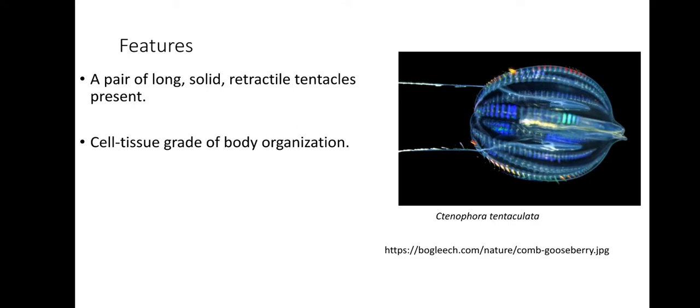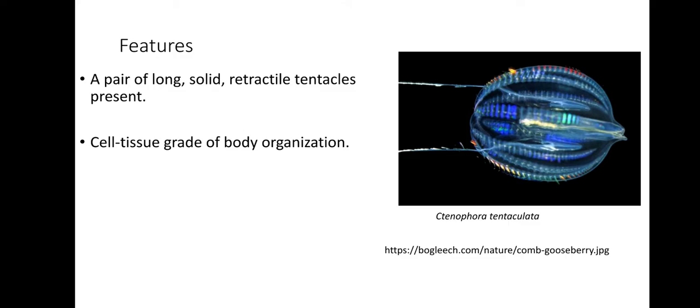Now, in addition to that, you can also see that they have a pair of tentacles, but these are retractile ones. That means they can be extended or they can be shortened, retracted back. Okay, so that is a very important one. So in addition to the comb plates, the presence of retractile tentacles is one of the very important features you can see.